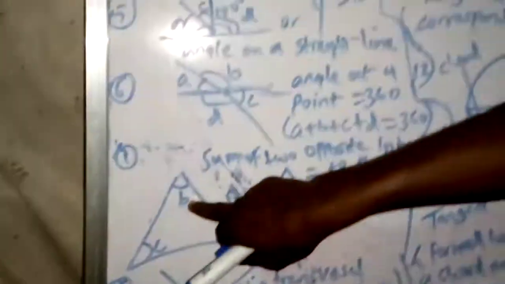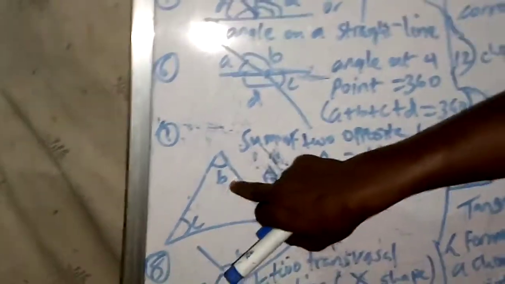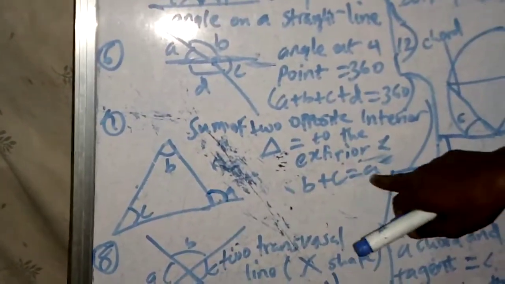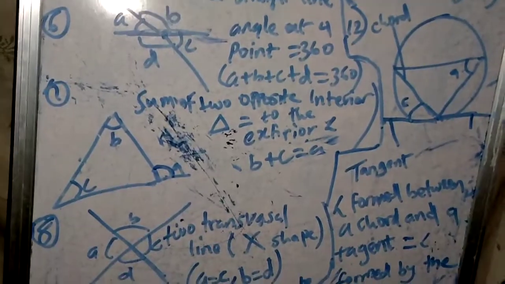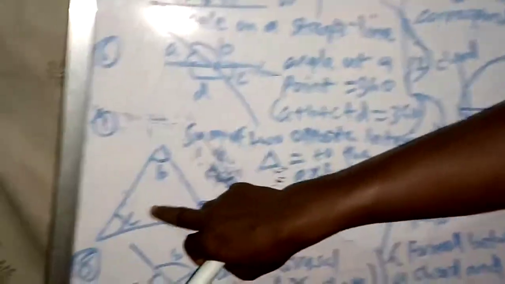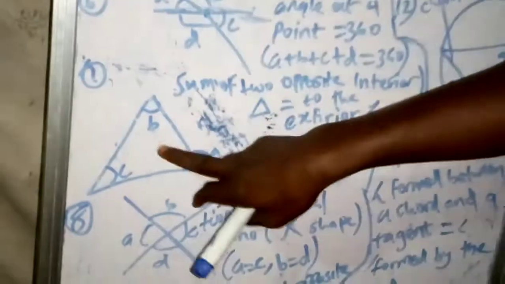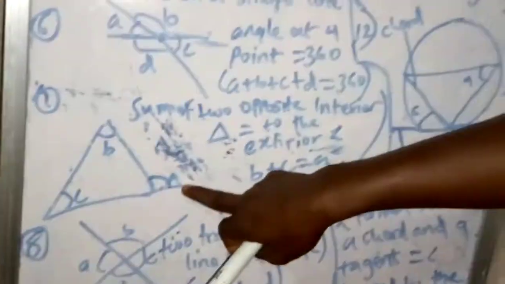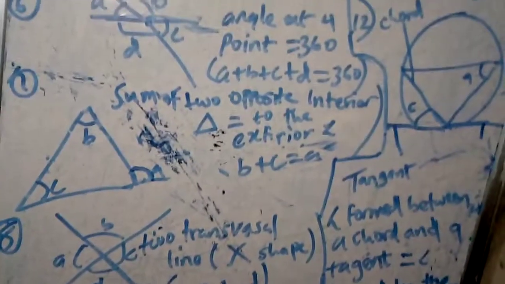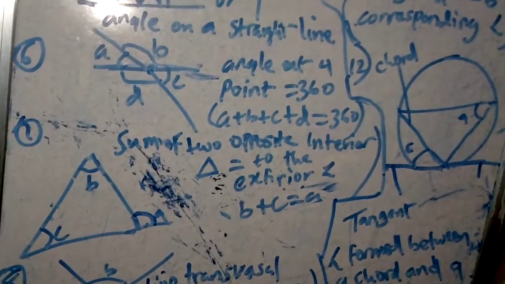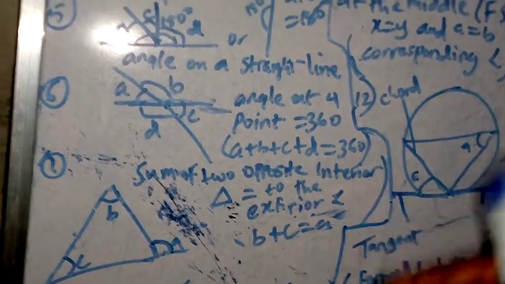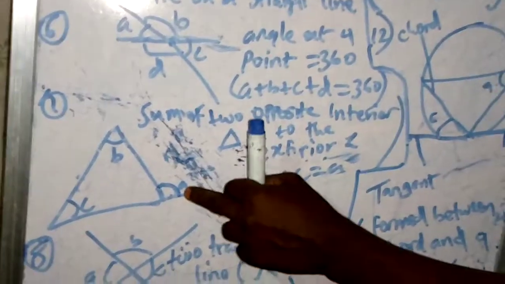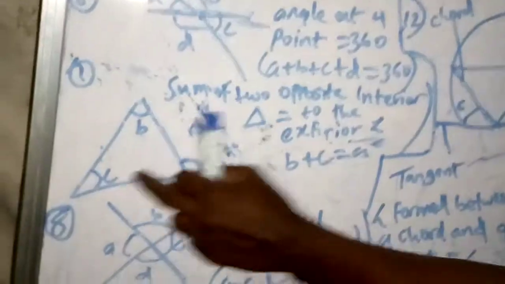The rule says that A equals B plus C. When you add these two together, it will give you A. The reason is that two opposite interior angles in a triangle equal the exterior angle. This exterior angle is opposing these two. So you must know that B plus C equals A.